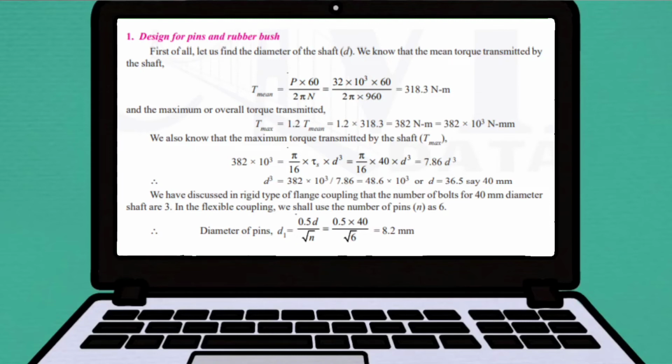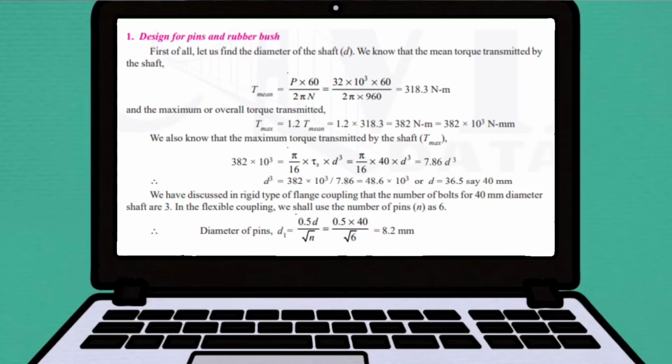We also know that the maximum torque transmitted by the shaft, T max, would give us the diameter. D cubed is equal to 382 times 10 raised to 3 over 7.86, equivalent to 48.6 times 10 raised to 3, or a diameter of 36.5 millimeter.